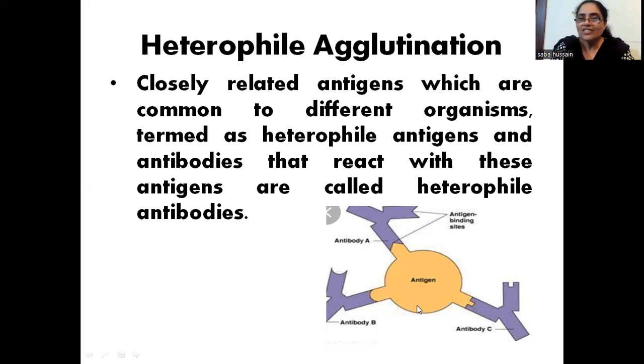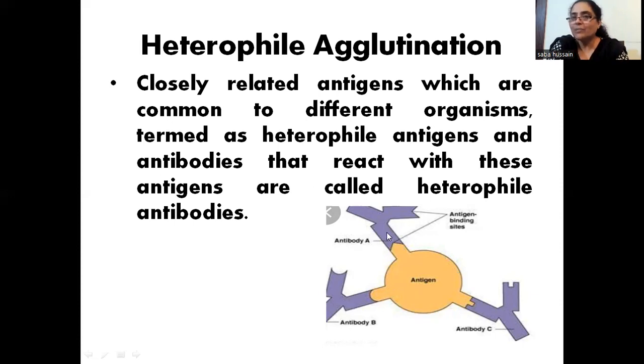This is an antigen, and antibodies A, B, C, though we do not classify antibodies as A, B, C. Here A, B, C is written to show that this antigen has different epitopes where different antibody paratopes can react.